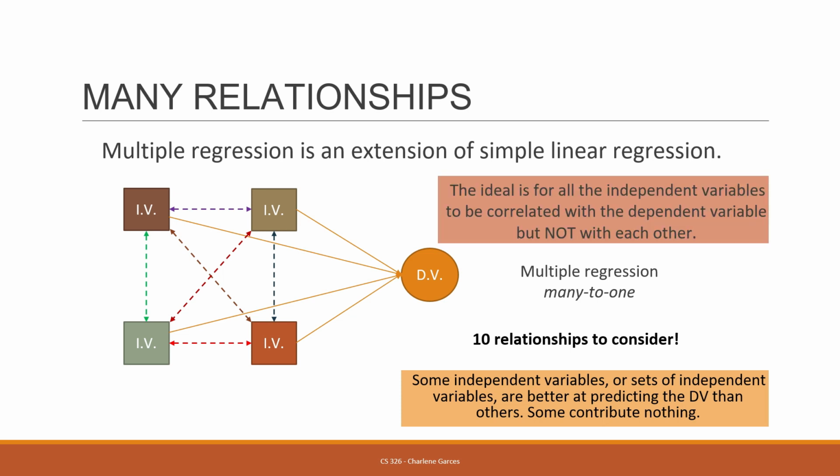So the ideal is for all the independent variables to be correlated with the dependent variable, but not with each other. As I explained in my previous video, if you are trying to predict at what age a person will become diabetic, the independent variables are mostly the age, the lifestyle of the person, the status, and many other profiles.